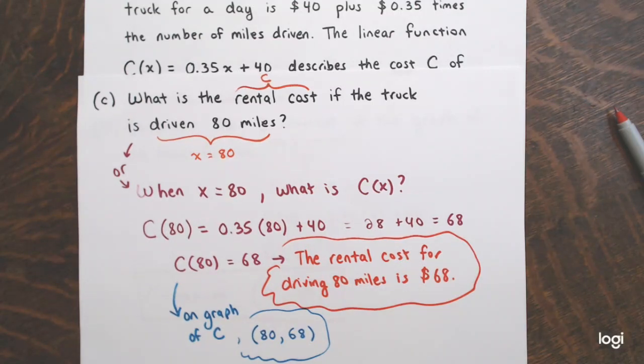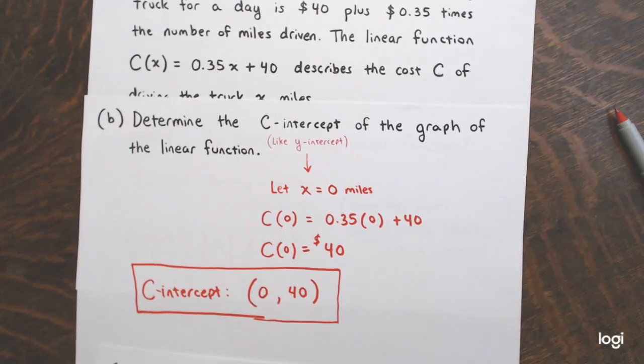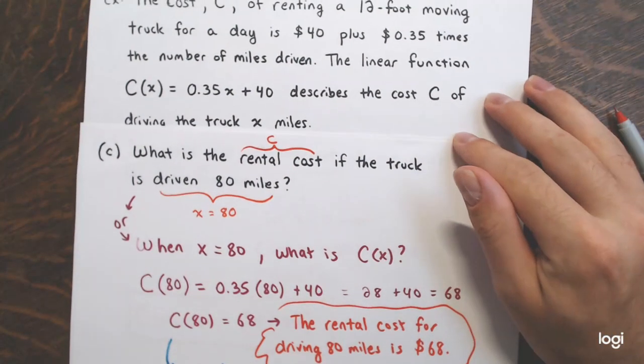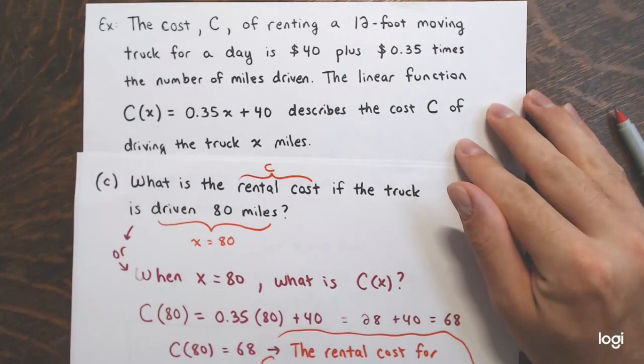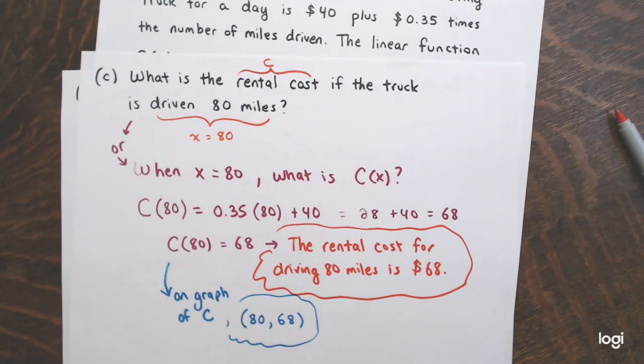So now I have two ordered pairs. One is that C intercept, 0, 40 there on part B, and going through this, figuring out what the rental cost was after driving 80 miles gives me another point, this 80, 68.